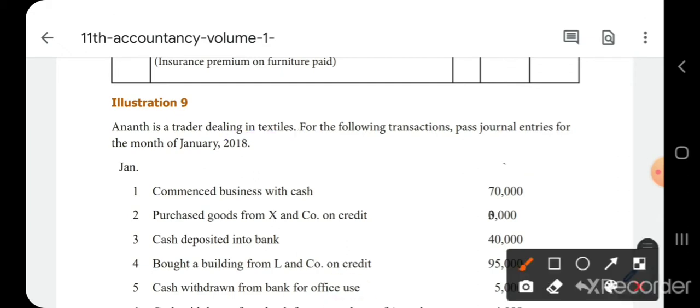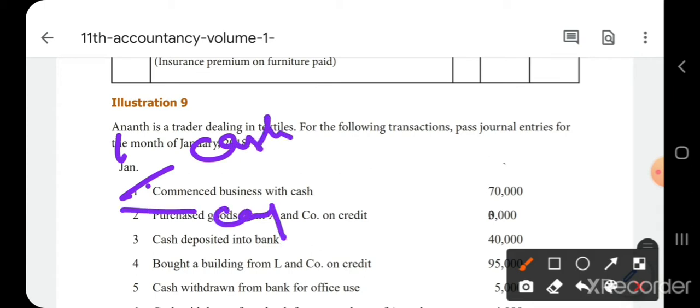Now, what is the first transaction given there? Commence business with cash. So, what are the two accounts involved? Cash and capital. Okay, cash is a real account, capital is a personal account. So cash, real account, what is the rule? Debit what comes in. So cash is coming in, so you debit cash.